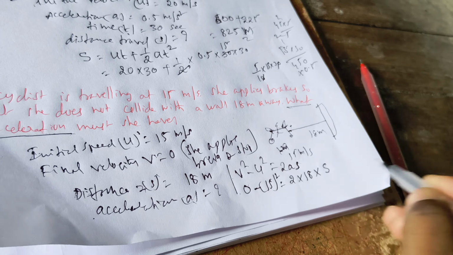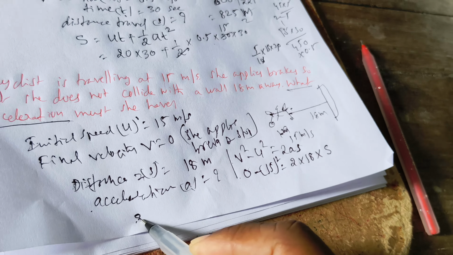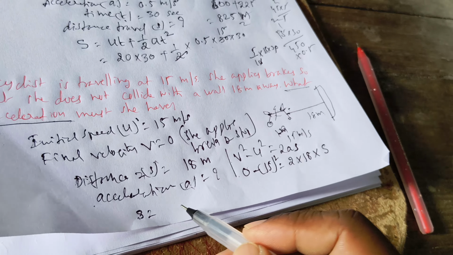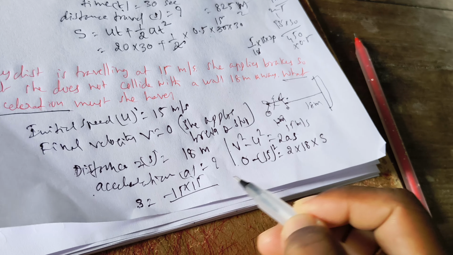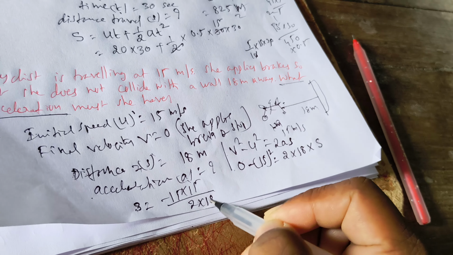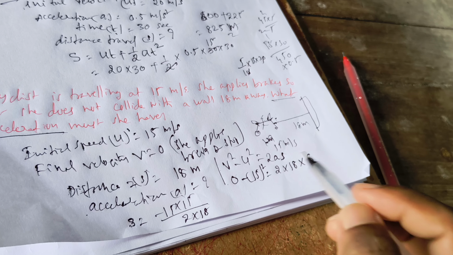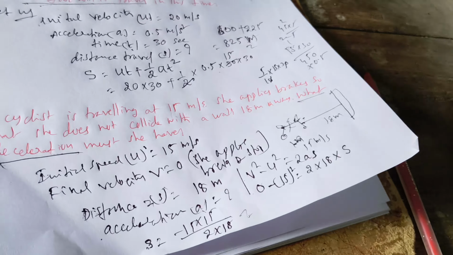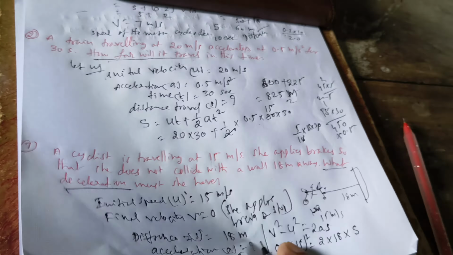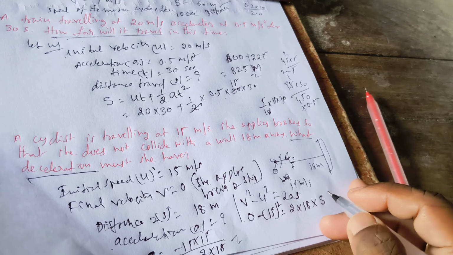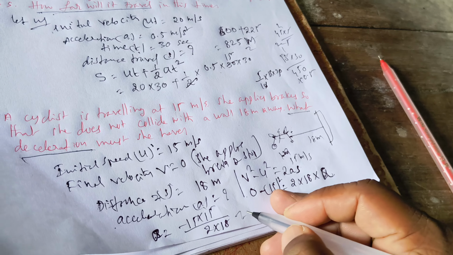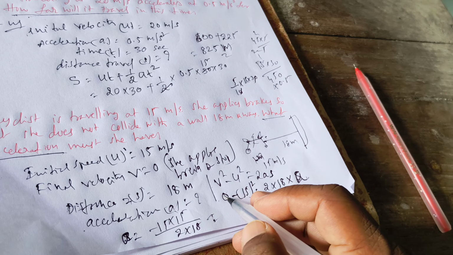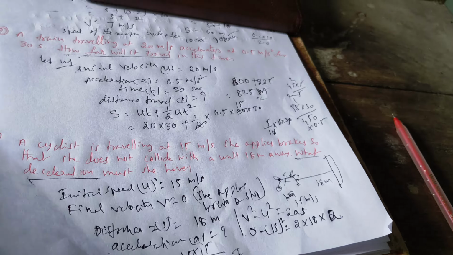We need to find a. So acceleration a is equal to minus 15 into 15 by 2 into 18. So by simplification we get the answer finally.